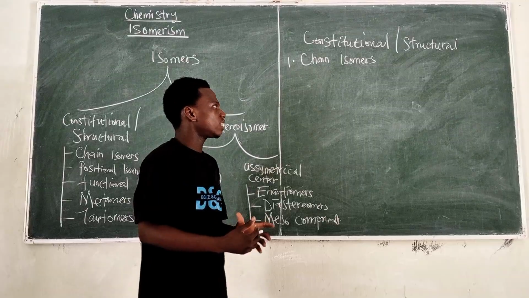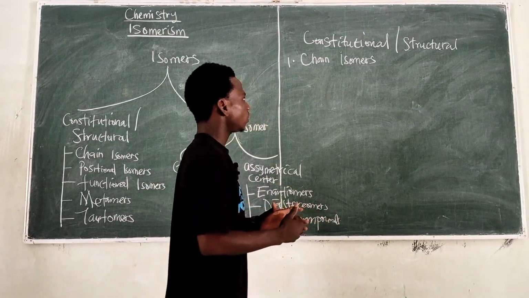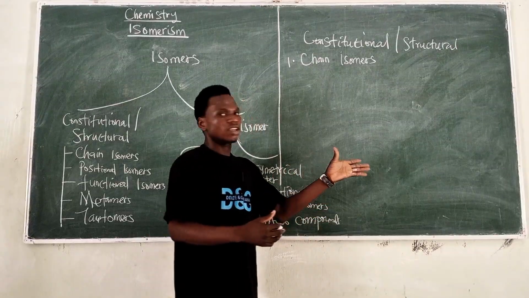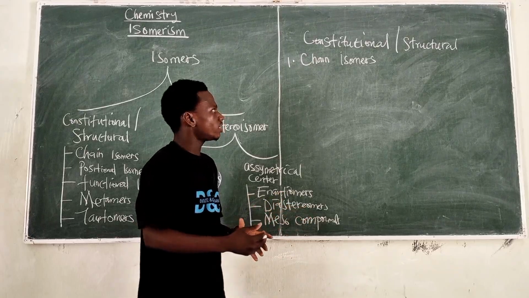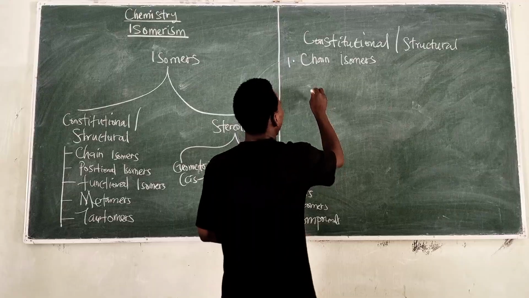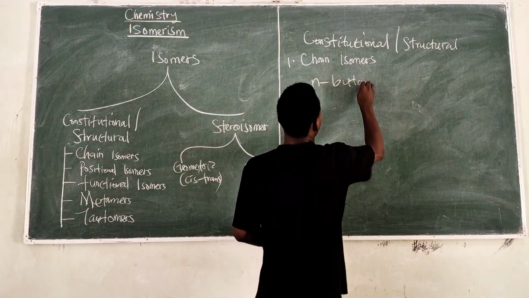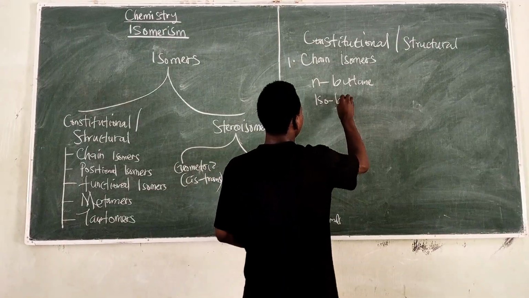What I mean by different carbon skeleton is that they have the same molecular formula, but when it comes to the arrangement of their carbon-carbon linear chain, they are different. For instance, examples of chain isomers are n-butane and isobutane.